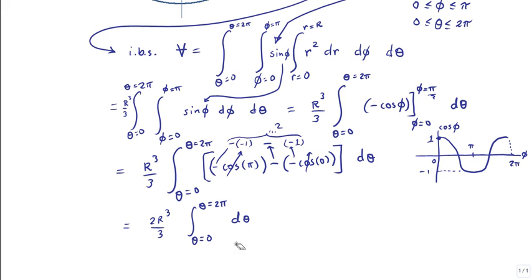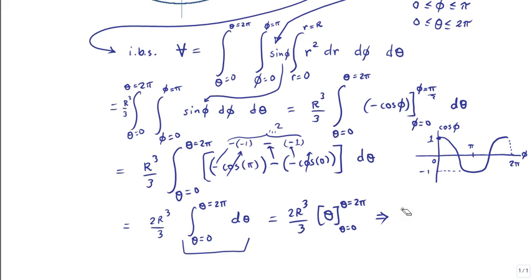The integral of d theta is nothing other than theta, so we get 2R cubed over 3 times theta evaluated between 0 and 2 pi. By inspection, that's 2 pi minus 0, which is 2 pi.